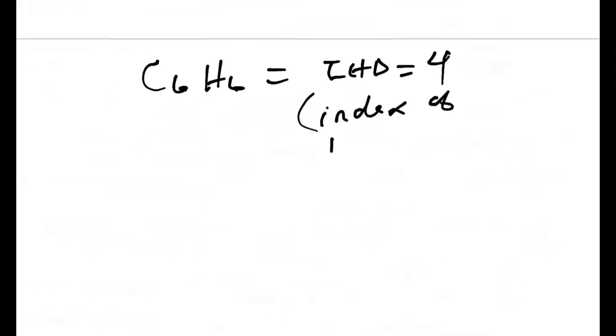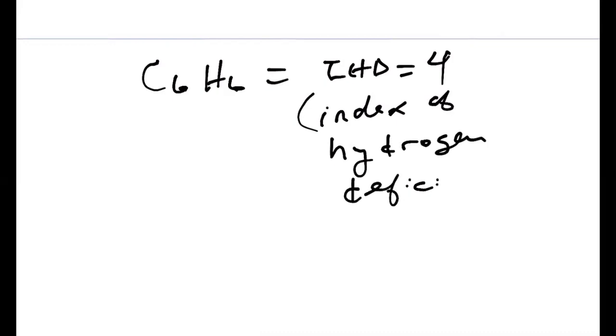All right, so for C6, we said that the IHD was 4, the index of hydrogen deficiency. It's the same thing. Let me go ahead and put that in, because some books have it listed as IHD. Some books say degrees of unsaturation. It's all the same. Right, it's 4.